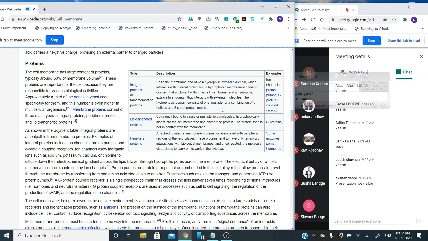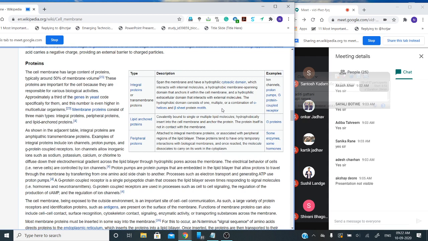When the receptor is activated, then the G proteins, Gi, Gq, Gs, are activated. So these are the lipid anchor proteins. They are anchored by lipid, and when this receptor is bound with the ligand, it causes changes, mediating the action through G proteins.